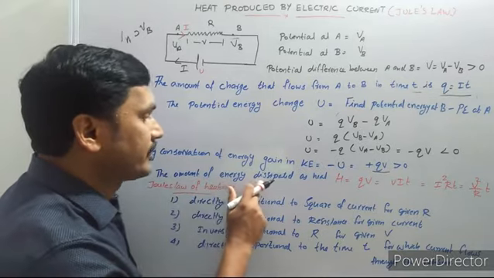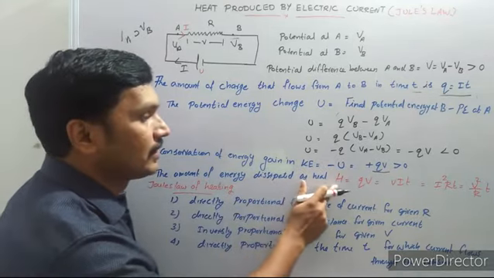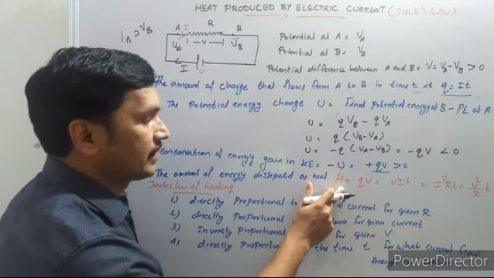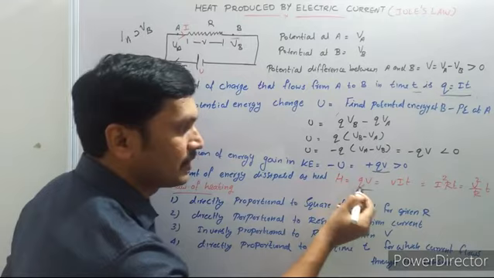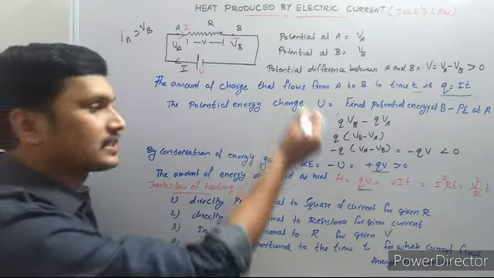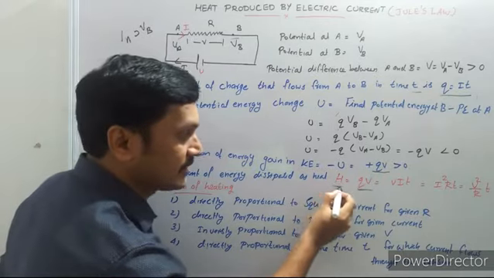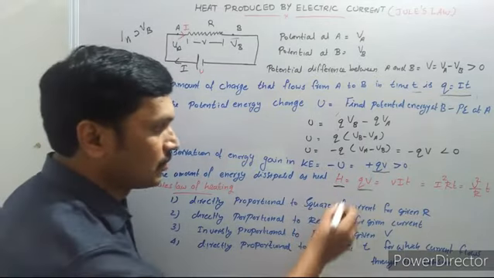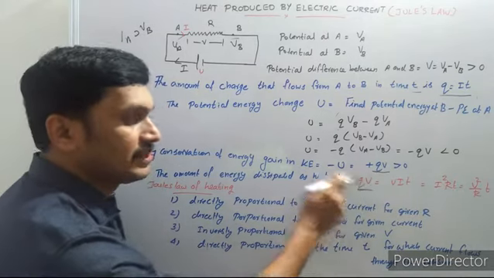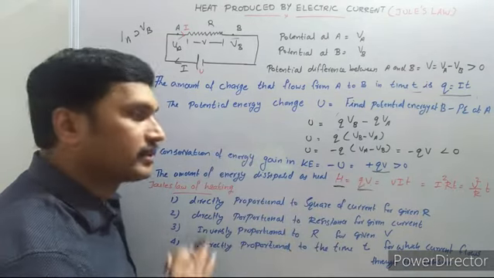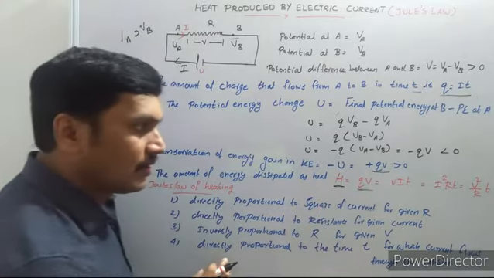So the heat energy dissipated in the conductor can be written as H is equal to Q into V, because the entire kinetic energy is converted into heat. Heat is equal to Q into V.